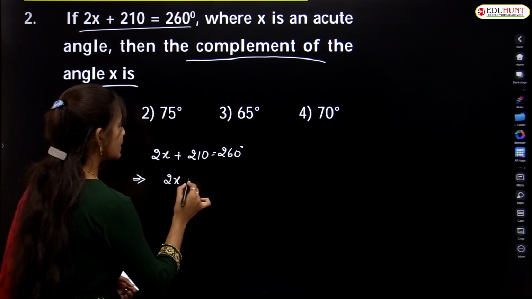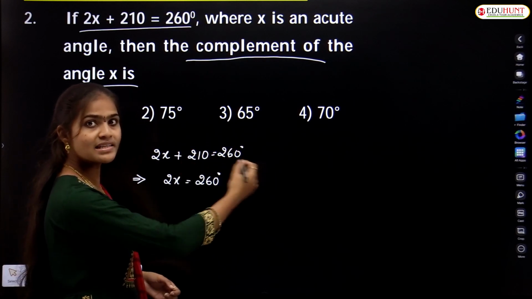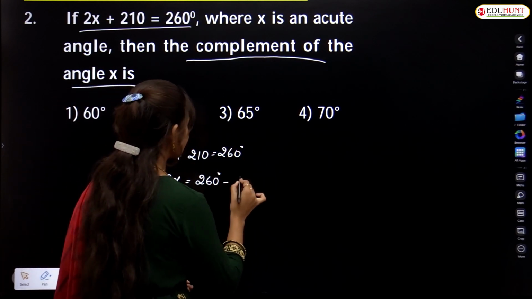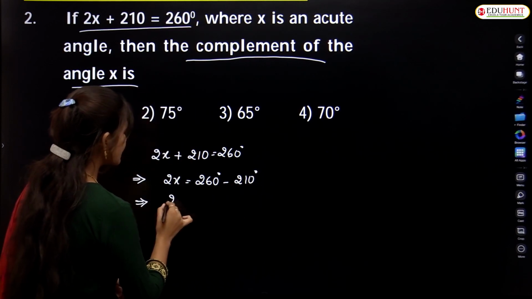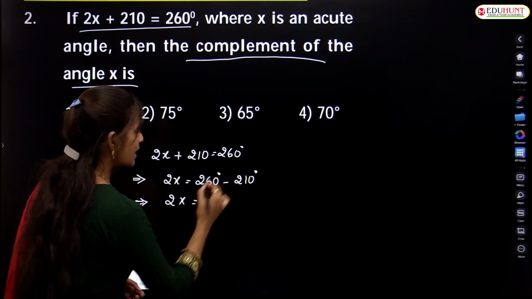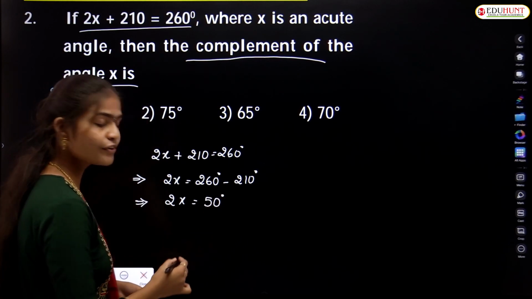So 2x is equal to 260 degrees, and plus 210 degrees becomes minus 210 degrees. So 2x is equal to 260 minus 210, which is 50 degrees. So the value of 2x is 50 degrees.